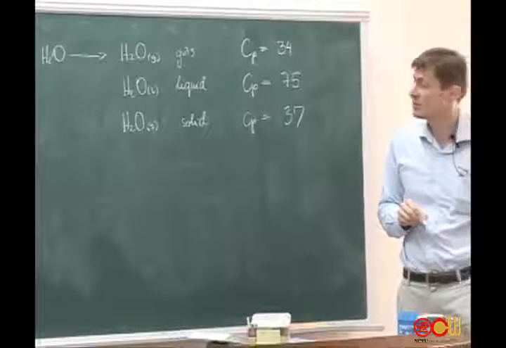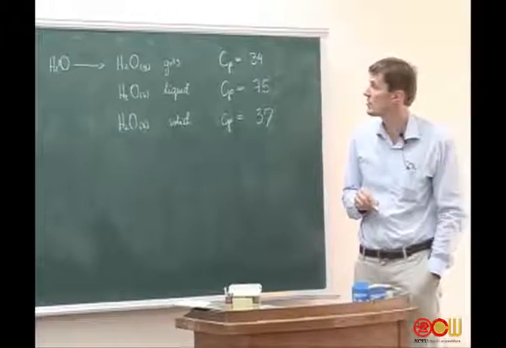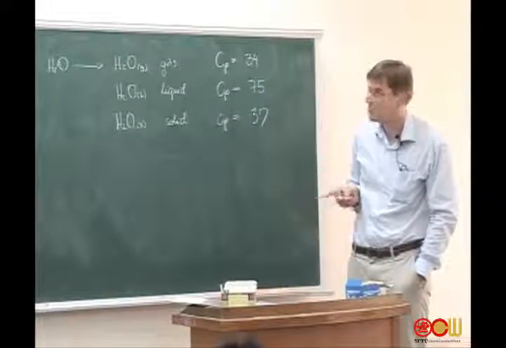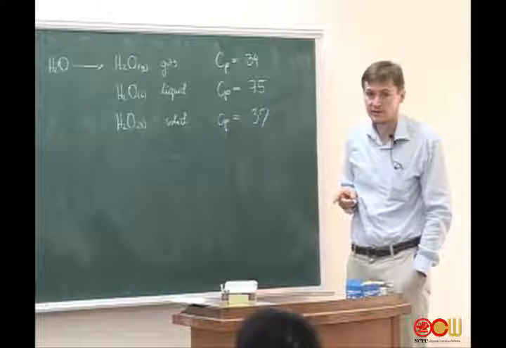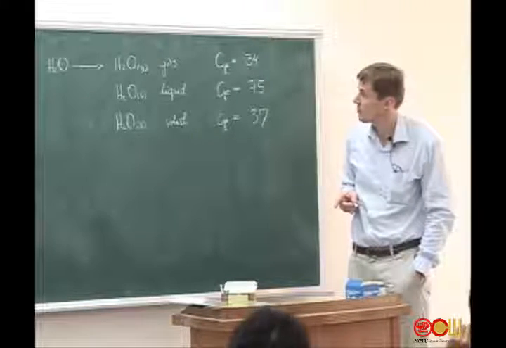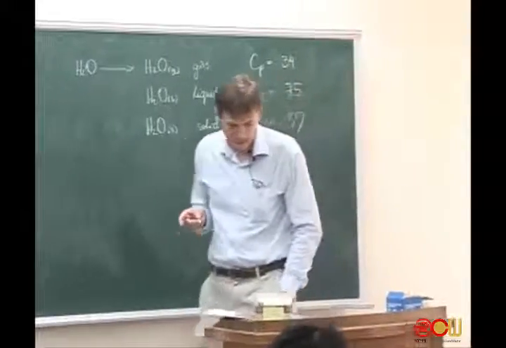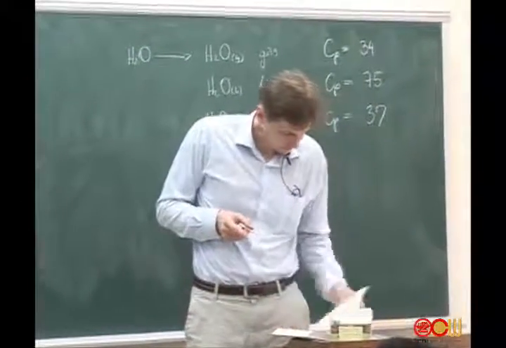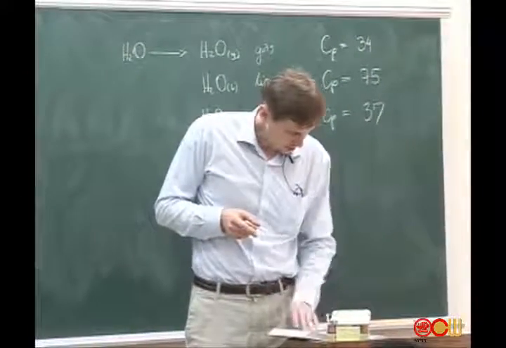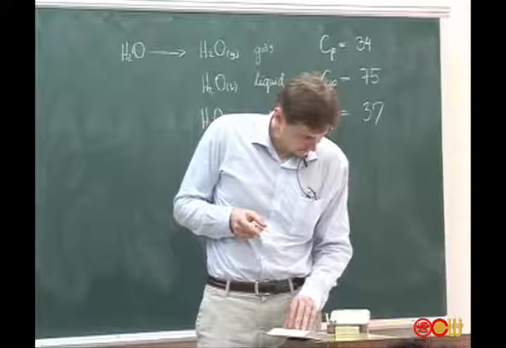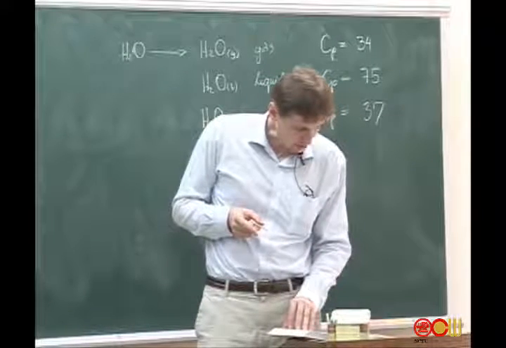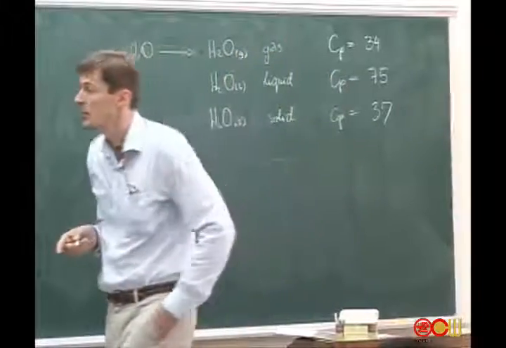So you see that the same substance, but this may be changing very strangely depending on the state the substance is. Good. Next thing is we should be able to predict heat capacity of gases.